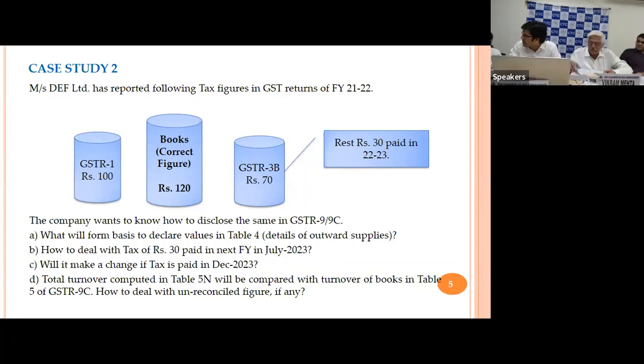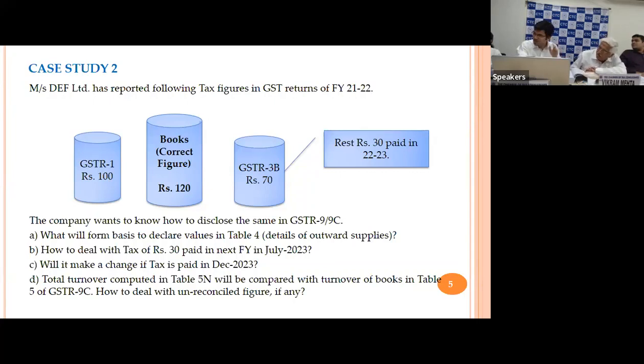But if I just read this non-taxable supply, which is part of the exempt supply definition, it will include only petroleum and liquor and nothing else. Correct. Non-taxable supply means supply of goods or services or both which is not leviable to tax under this Act. Schedule 3 won't be part of this definition.